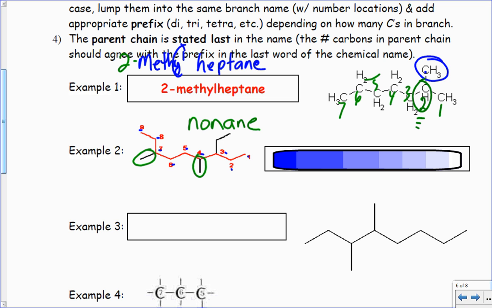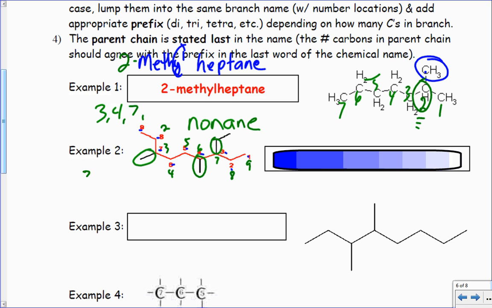4, and 7. Now notice, if I were to go backwards, I'd have 1, 2, 3, 4, 5, 6, 7, 8, 9. What I have in reality in the red is 3, 4, 7, and that is lower than if I counted the other way.